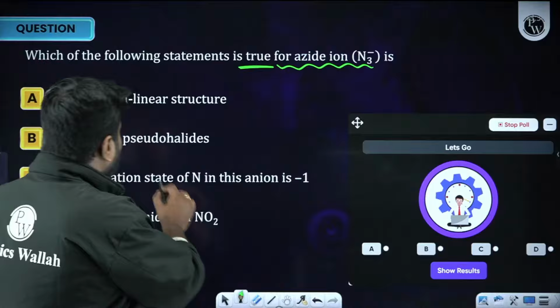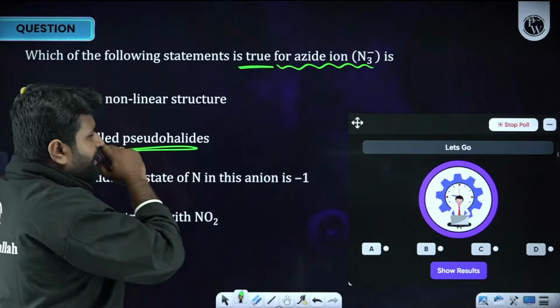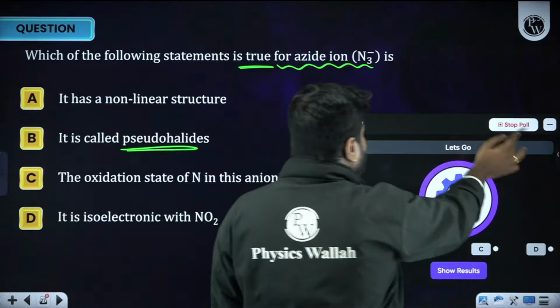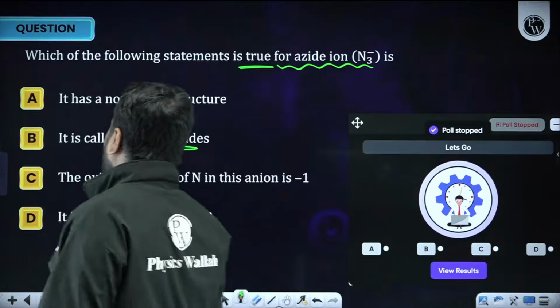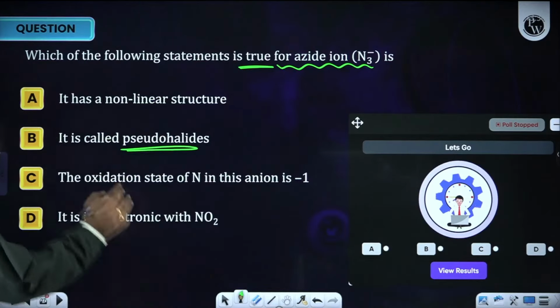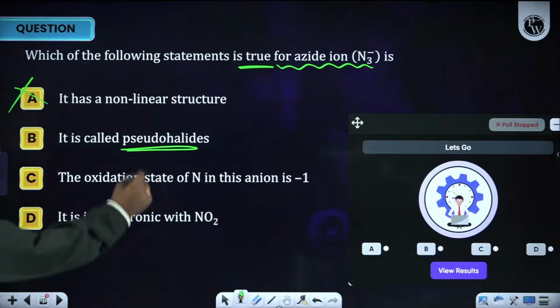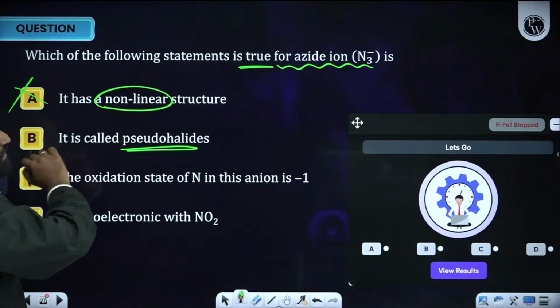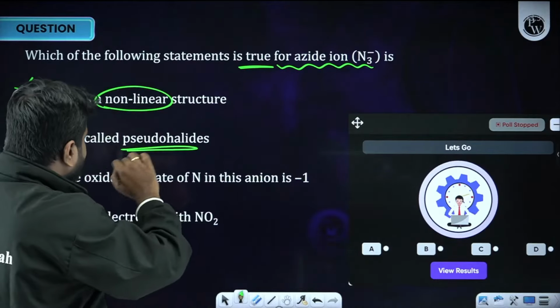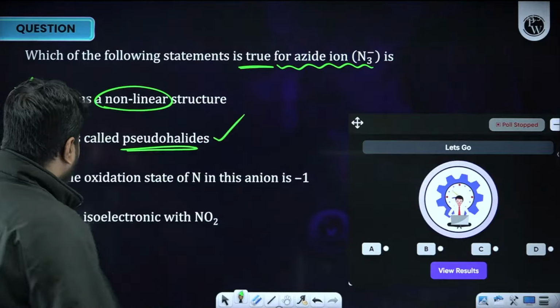It is called a pseudo halide, azide ion. It has a non-linear structure. That is incorrect. Azide ion is actually having a linear structure. They are asking for the true statement. It is a pseudo halide.